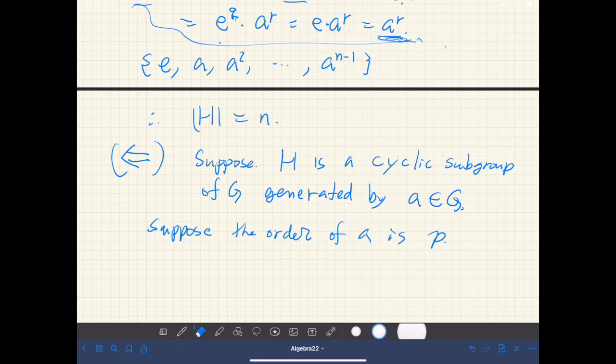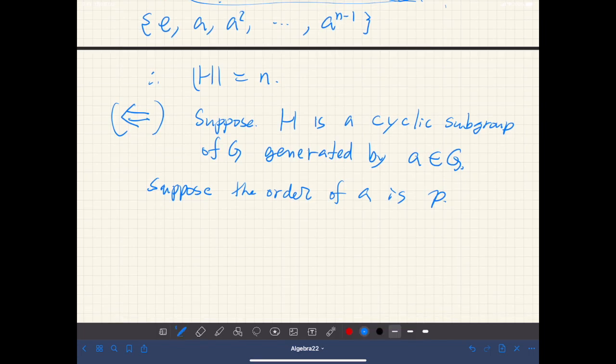Say p. Okay, so that means e, a, a squared, up to a to the power of p minus 1, they are all distinct, and a to the power of p is equal to the identity element.